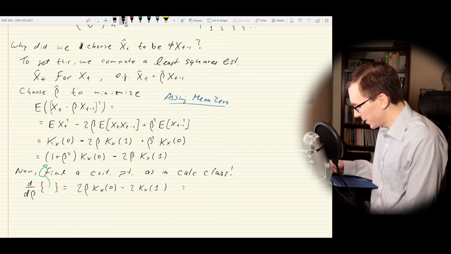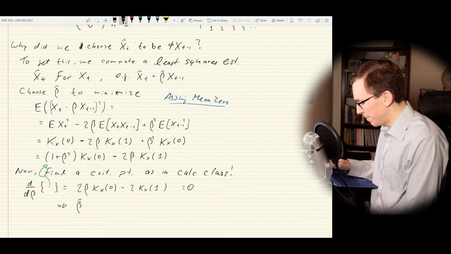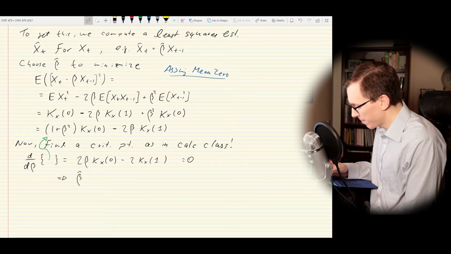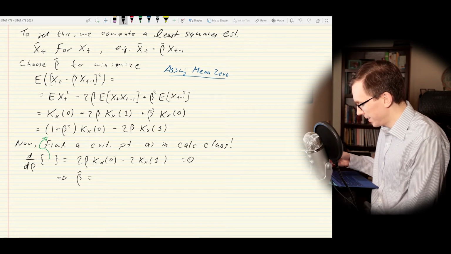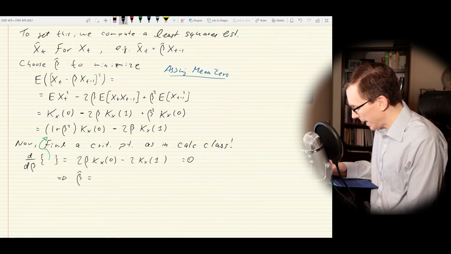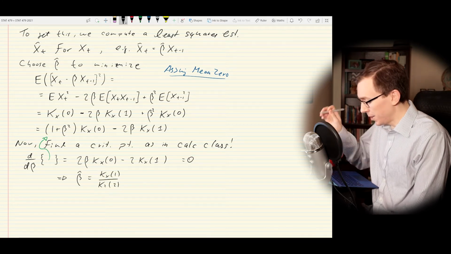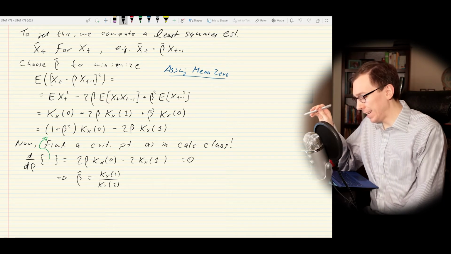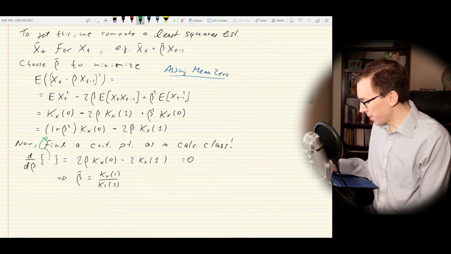And by setting it equal to 0, we solve and we find out that our beta hat, our critical point, is going to be just k_x(1) divided by k_x(0).